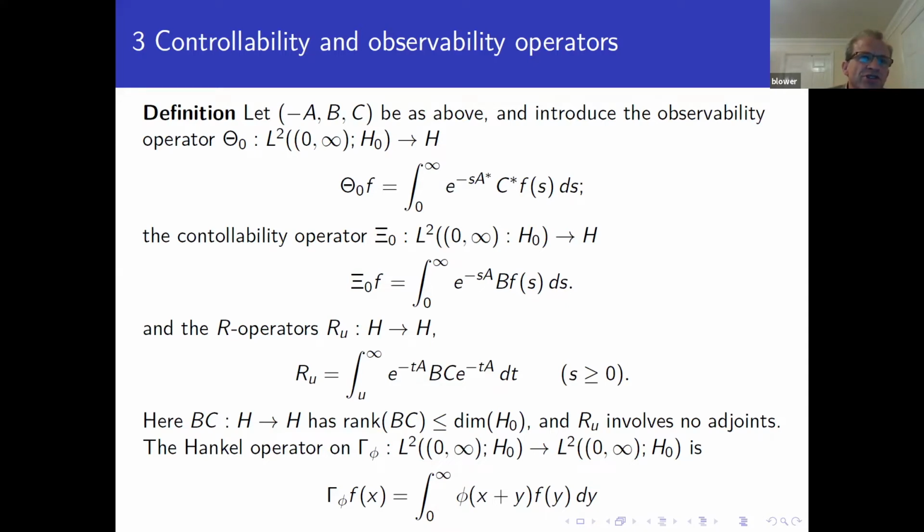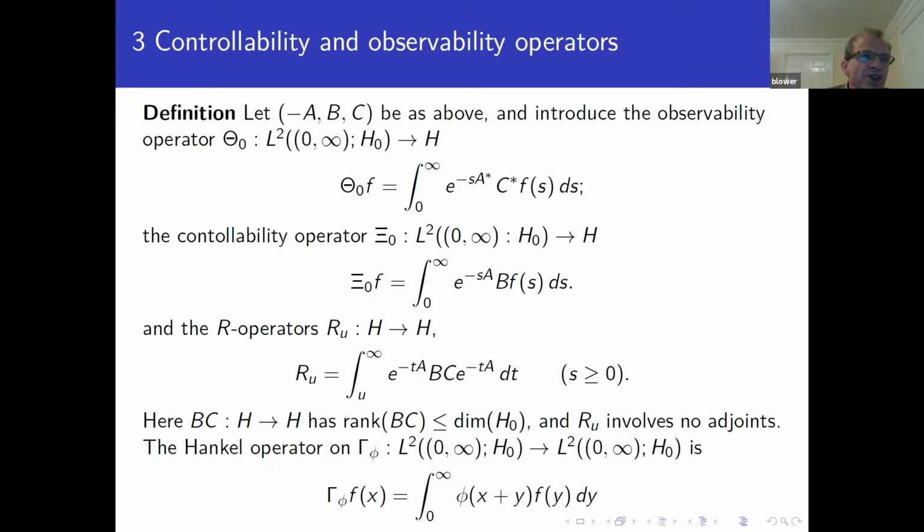The idea is the operator BC goes from the state space to itself, but is going to be an operator of finite rank because it factors through the finite dimensional space H0. So if we apply e to the minus tA on the left and on the right and integrate, there's a good chance that this operator R_U is going to be trace class.